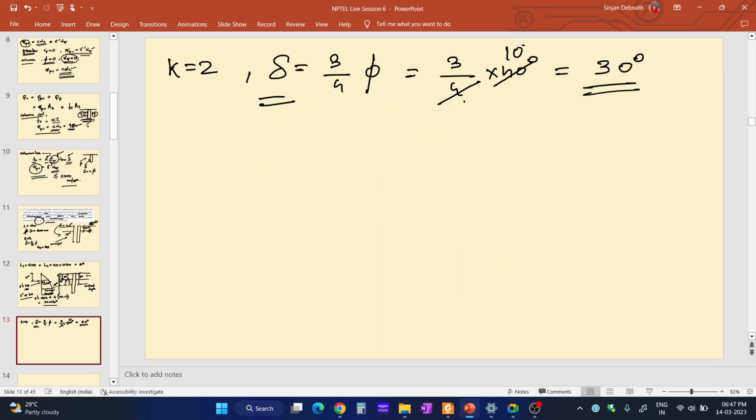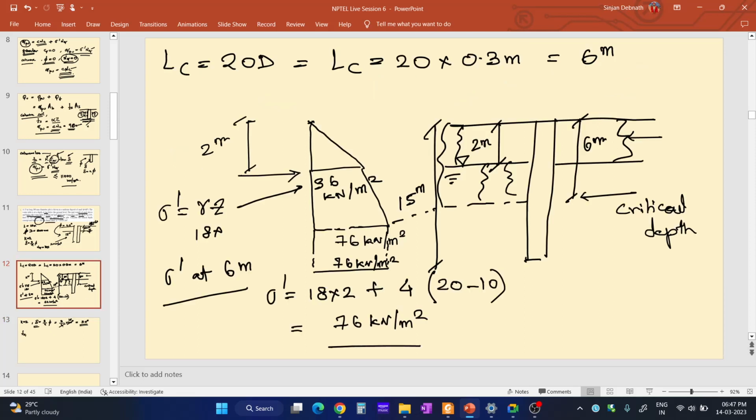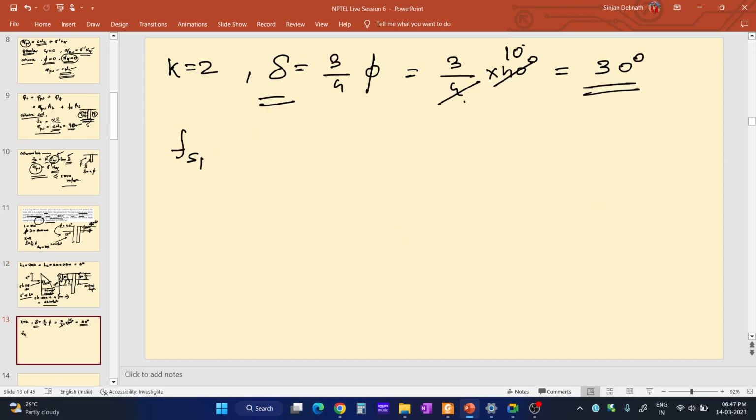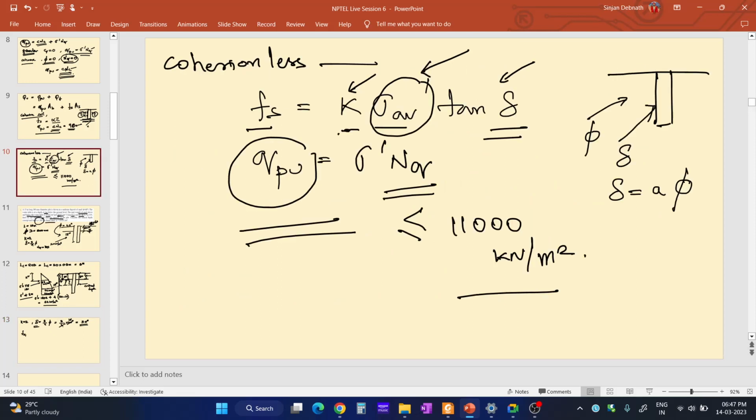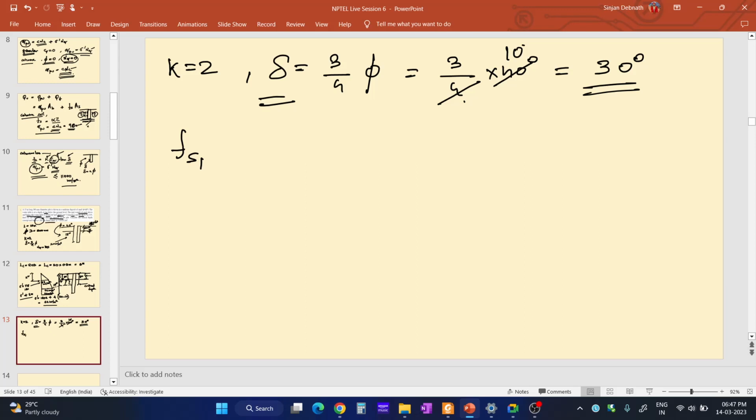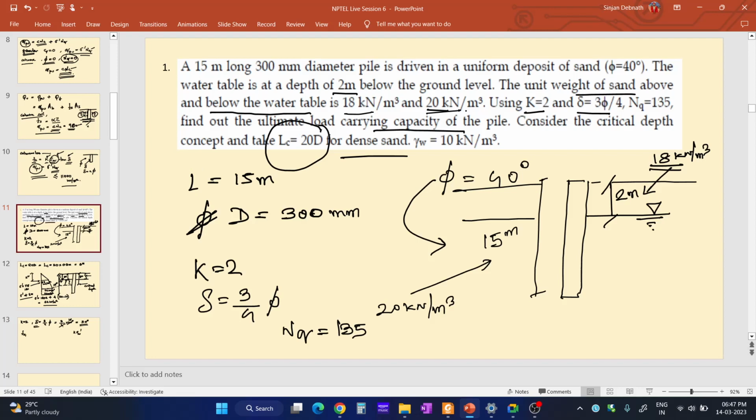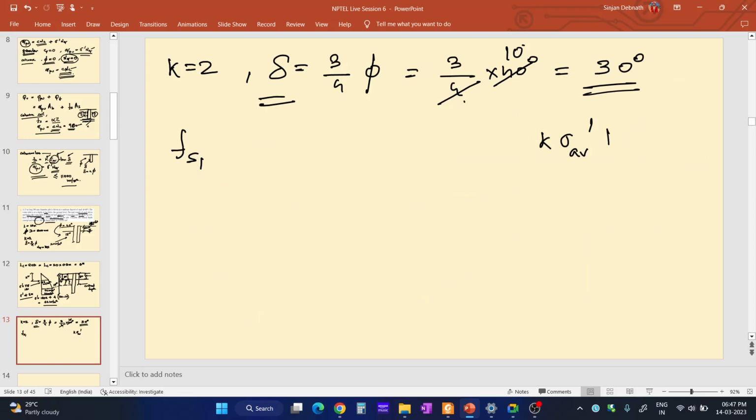FS1 is the unit skin friction resistance for the top part, above the groundwater table. The thickness of this part is only 2 meter. Let me write down the formula once: K sigma dash AV into tan delta. This is the formula for unit skin friction resistance, right?